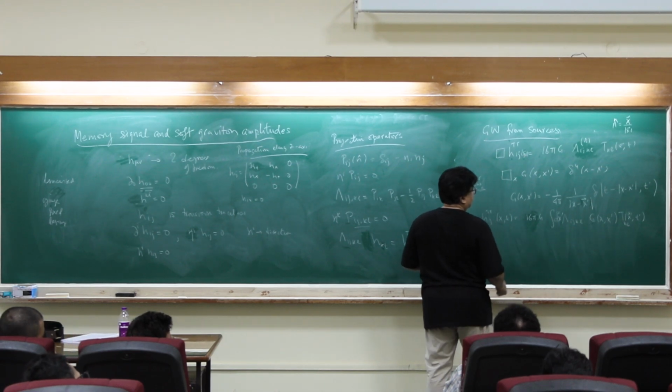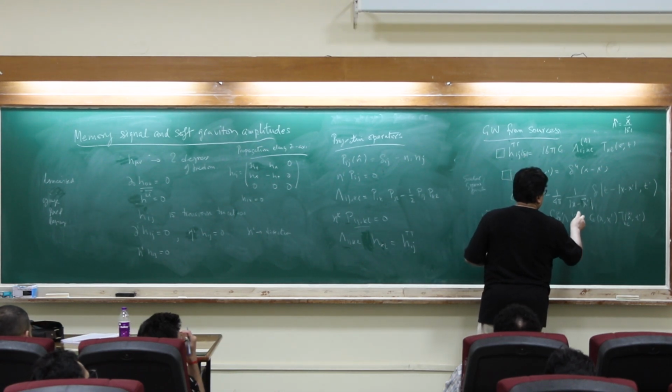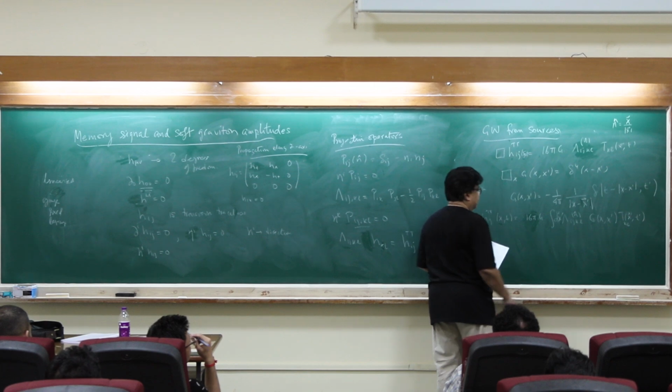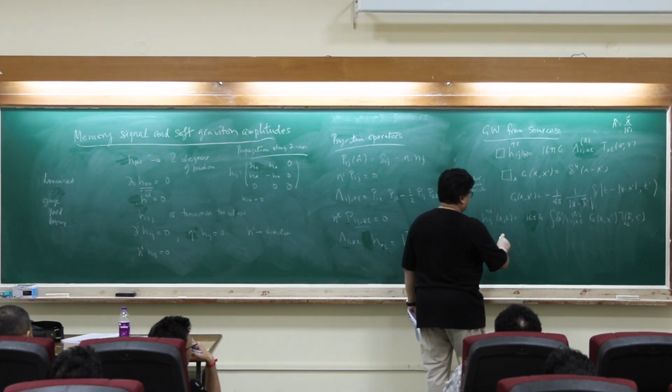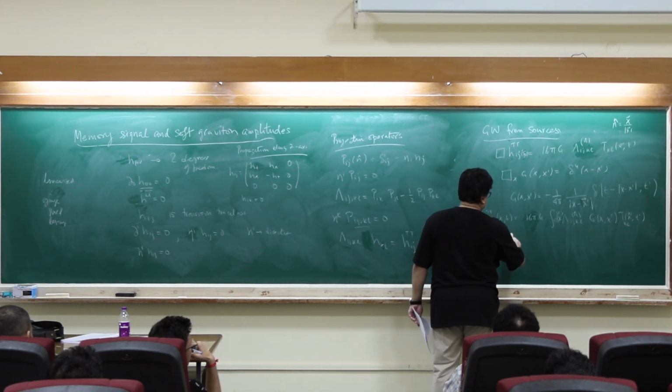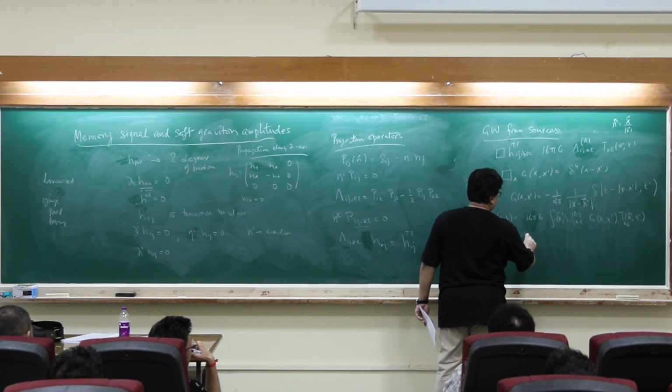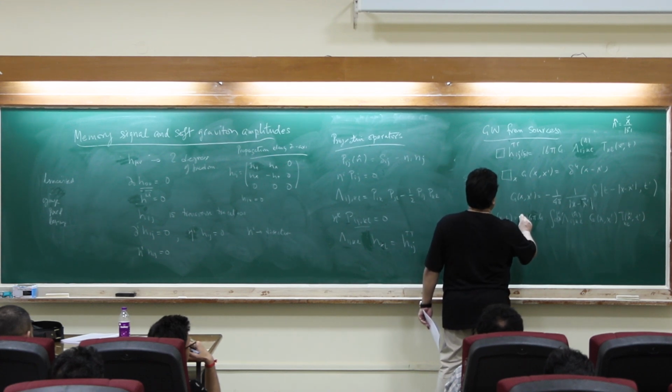Now this n is independent of x prime, so that can be taken out and you can write it.